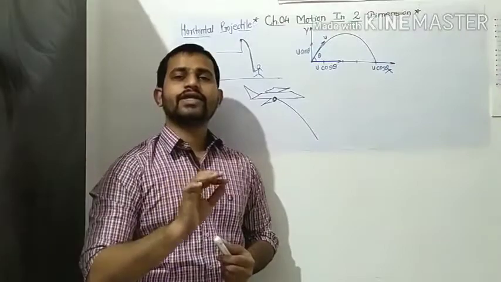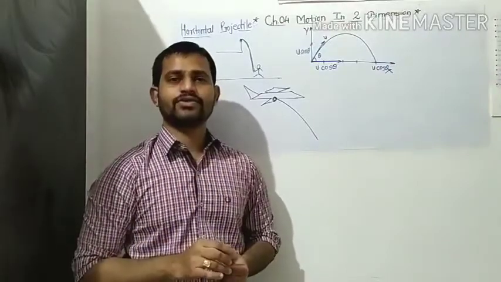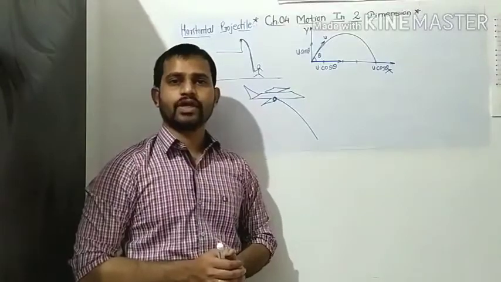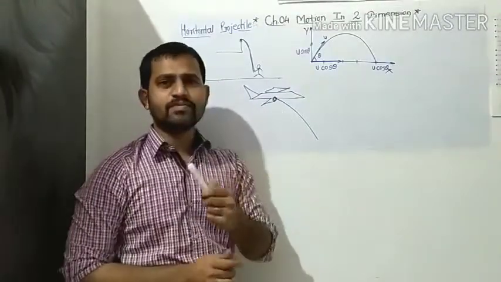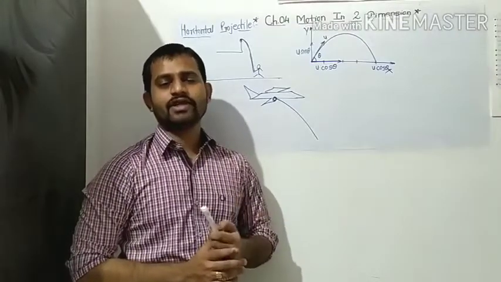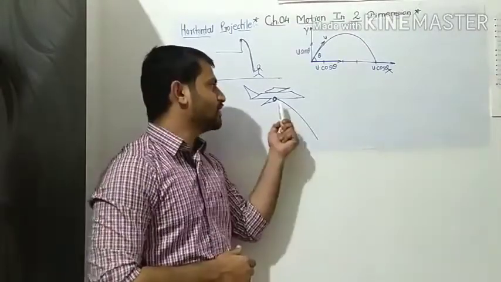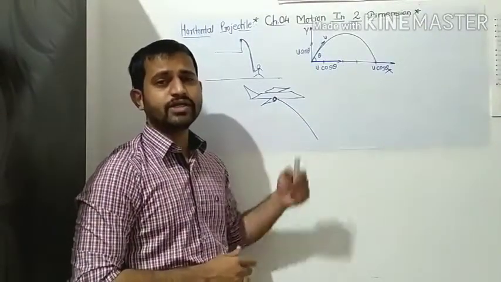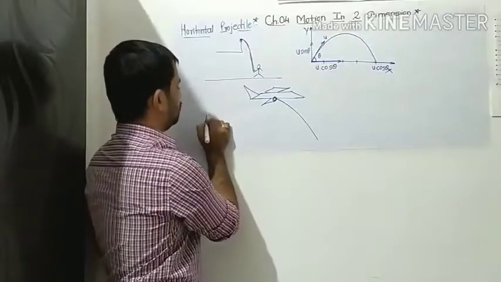So there is no effect of gravity on the horizontal component of the velocity. In this case also the same concept applies: when the object is thrown from the aeroplane, initially it has its own individual initial velocity.